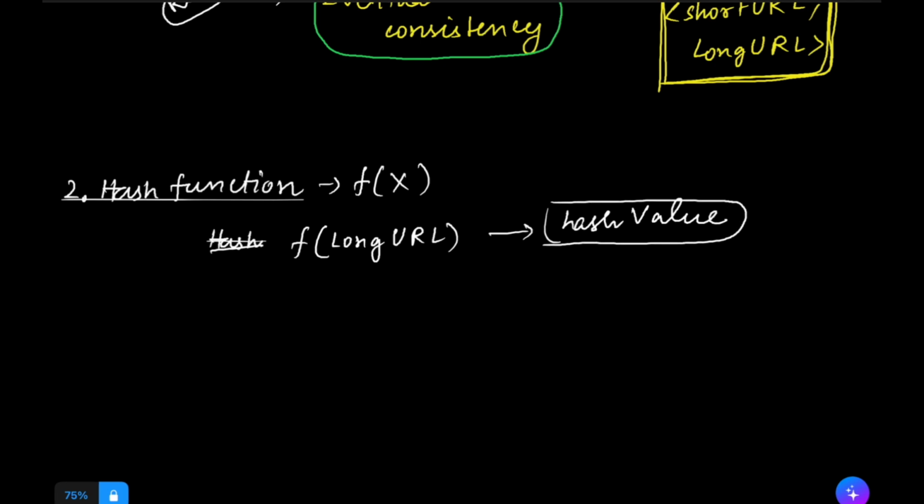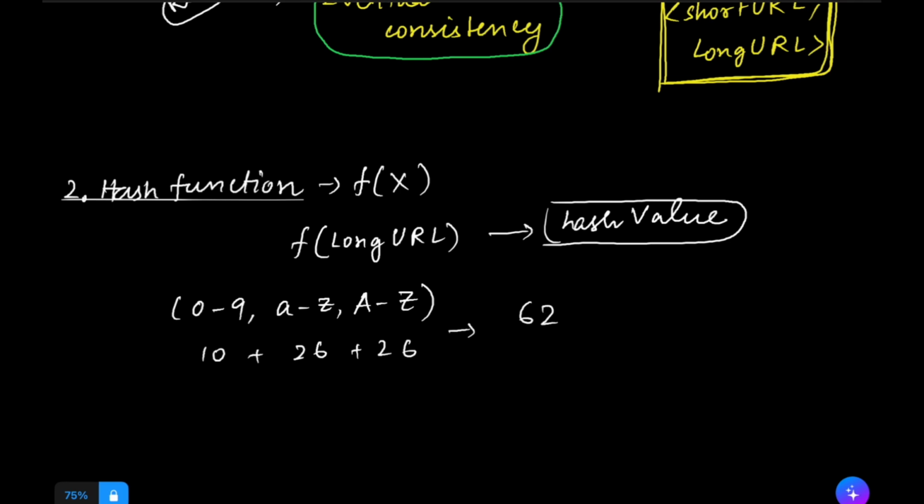If you remember what our requirement was in our first video, what would be the contents of our hash value, or the contents of the short URL. It would consist of 0 to 9, a to small z, and capital A to capital Z. So this is 10, 26 and 26, which eventually brings up to 62 characters.